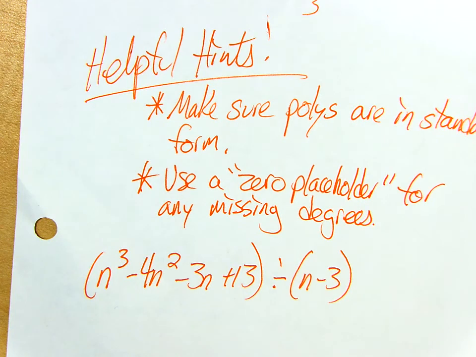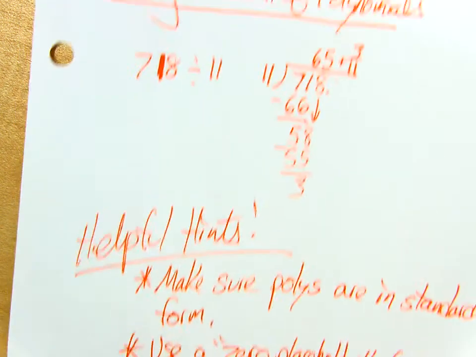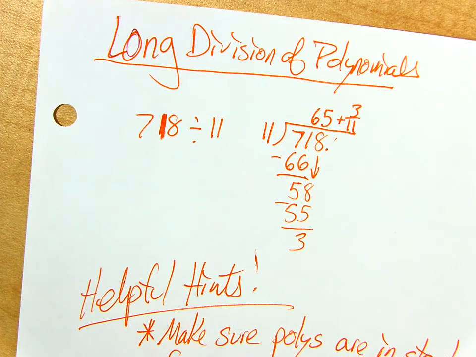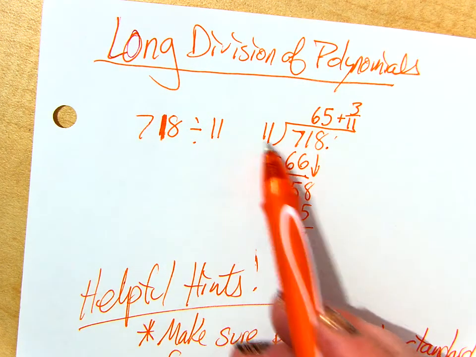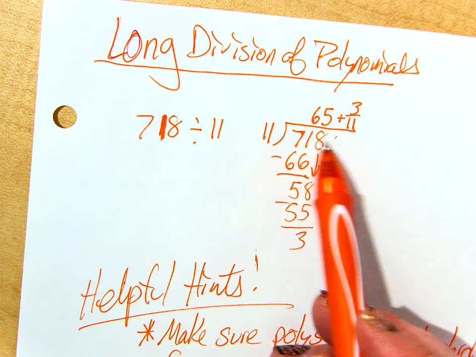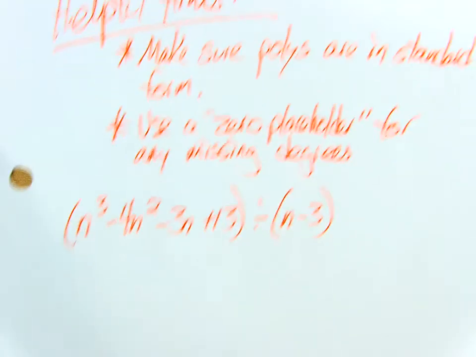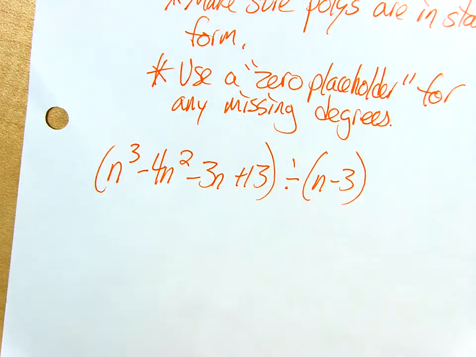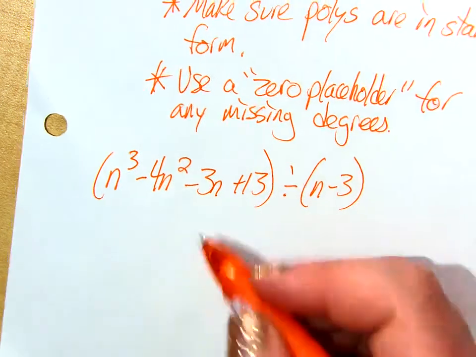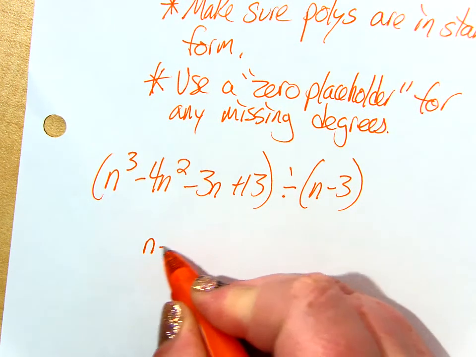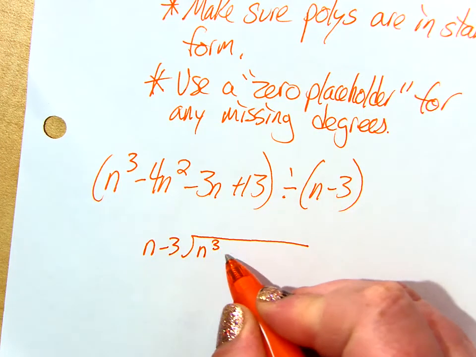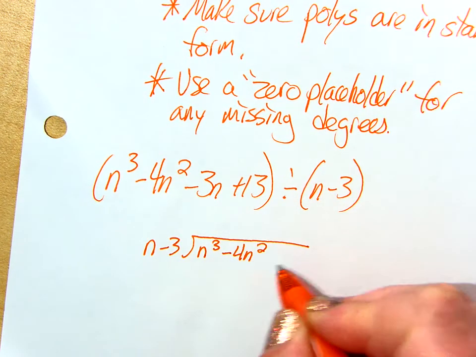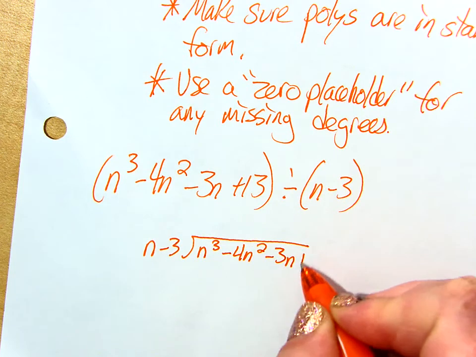Great. So just like when I did long division with numbers, I'm going to do it the same way. Whatever I'm dividing by goes on the outside, and my polynomial goes on the inside. Make sure that you've got some space underneath. You're going to have n minus 3 on the outside, and in there, n to the third minus 4n squared minus 3n plus 13.